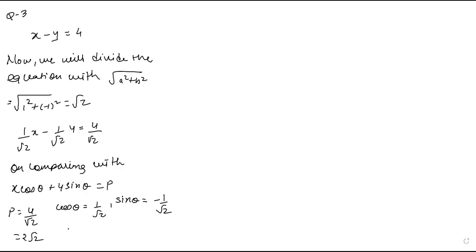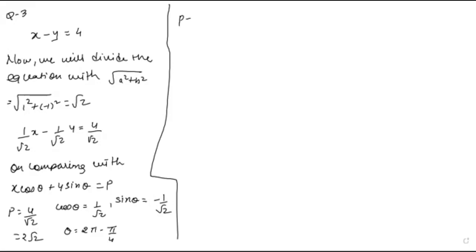As you can see that cos is positive and sin is negative, it is in fourth quadrant. In fourth quadrant it can be written as 2 pi minus pi by 4. So perpendicular distance is 2 root 2, whereas the angle made by that perpendicular with the positive direction of x axis is 7 pi by 4.